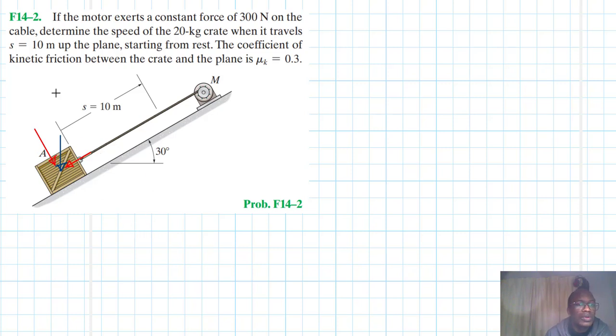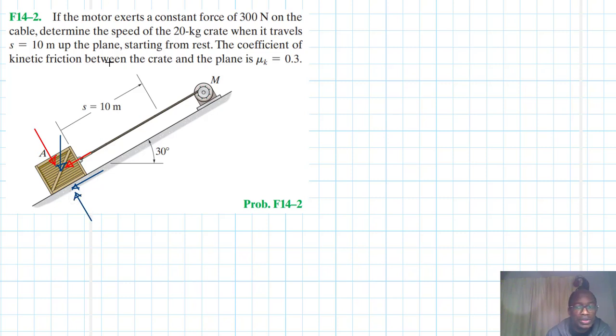Then we have the normal force. The crate is going upwards, therefore we'll have friction in this direction, and the normal force in this direction.